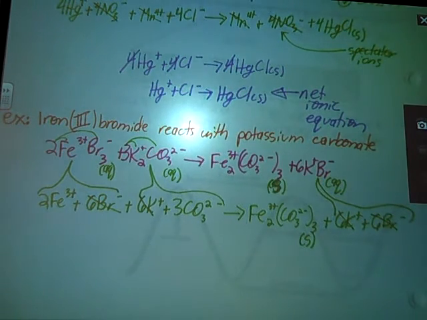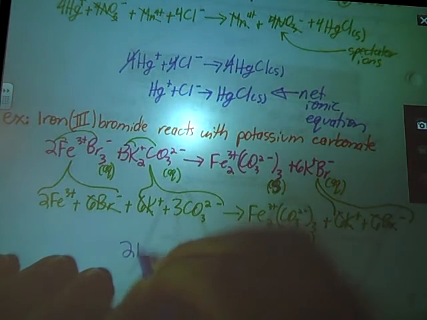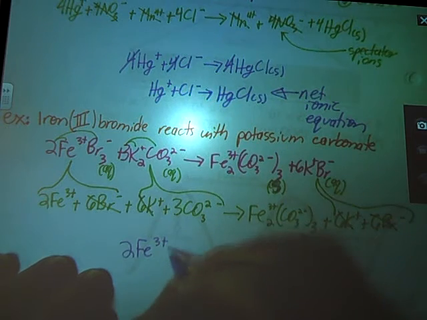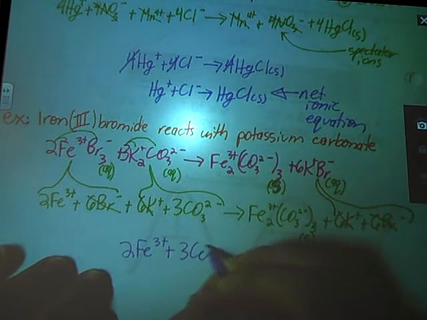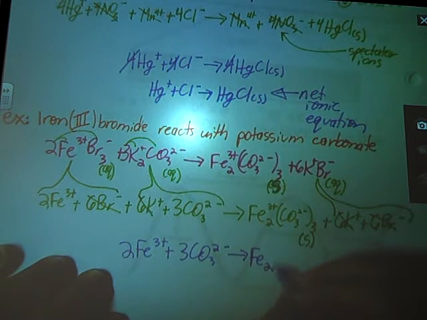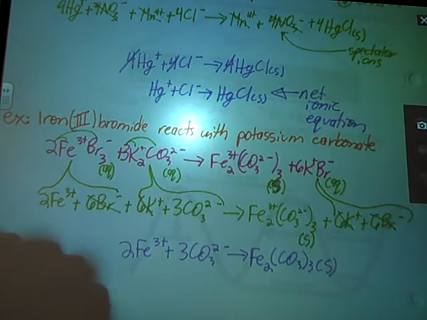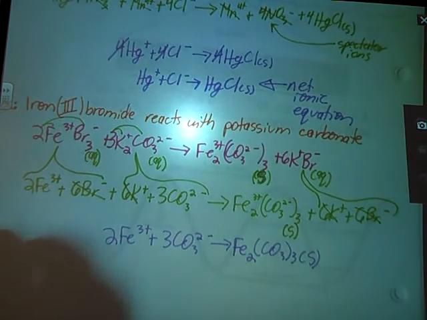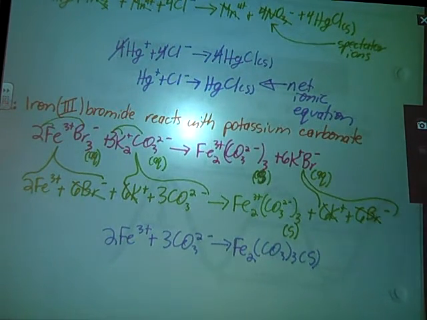So all that leaves is to write down our ions that do change. 2Fe 3 plus, 3CO3 2 minus, Fe2 CO3 3 solid.